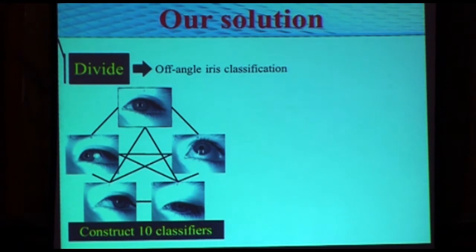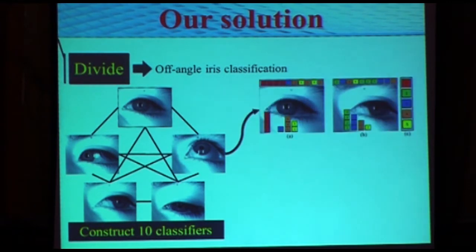The off-angle iris classification problem is a multi-class problem. Here, we transform the multi-class problem into multiple two-class problems. So we construct 10 classifiers and then get the corresponding responses. Finally, we use a hard voting result to get the final off-angle category.